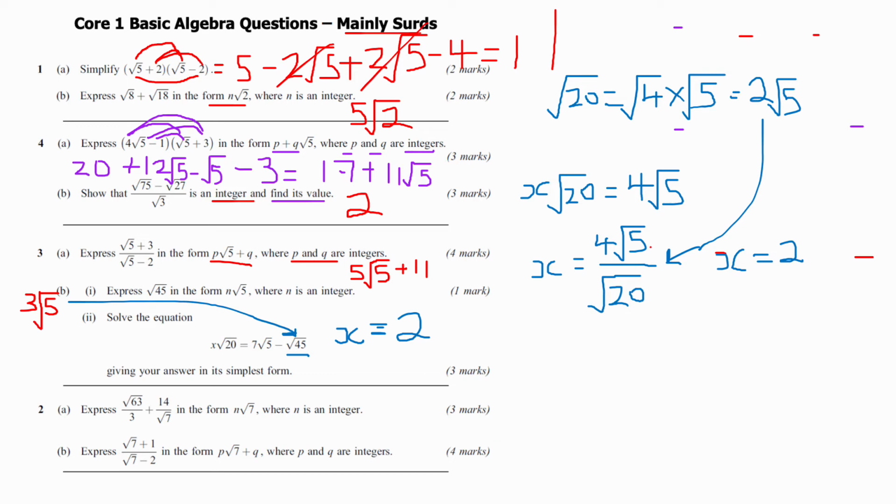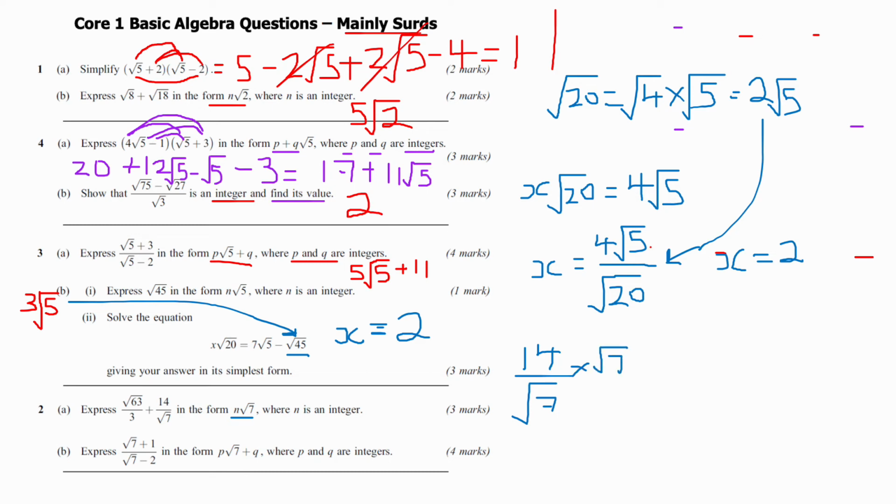Okay. Question 2, part A. So express root 63 over 3 plus 14 over root 7 in the form n root 7, where n is an integer. So let's just rationalise this. Okay, 14 over root 7, multiply top and bottom by root 7, to get rid of that denominator on my surd.